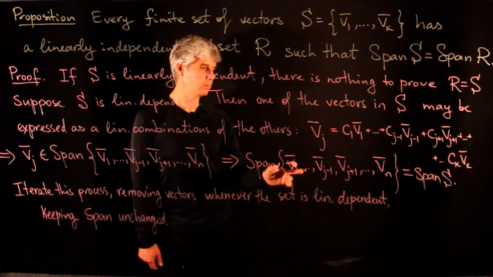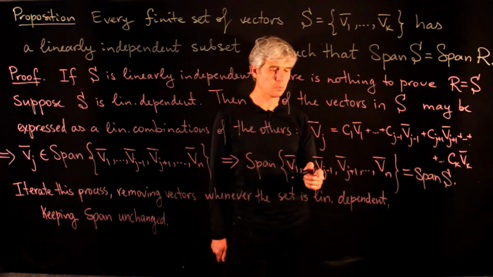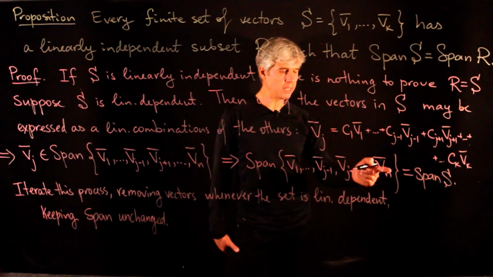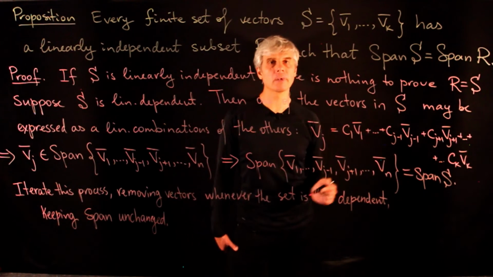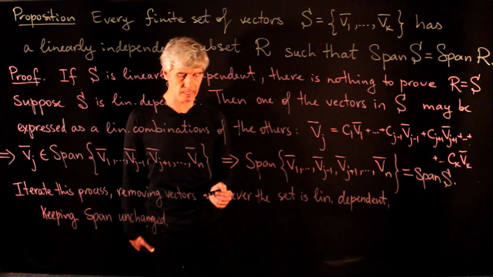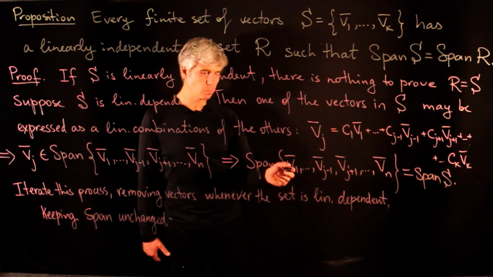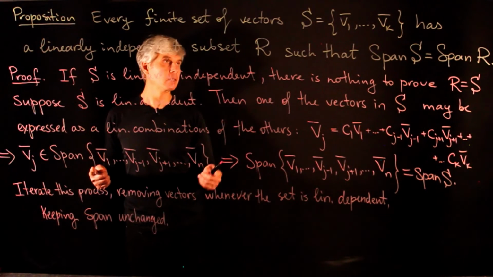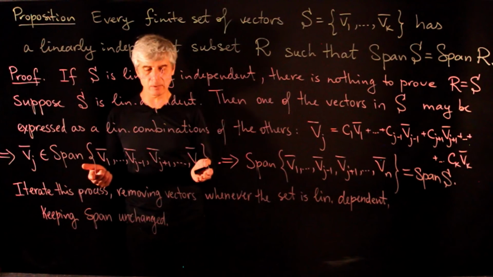Right, so here, what we did is we have thrown out one vector, but the span of the smaller set is the same as the span of the previous set. And so now, if this set of vectors is linearly independent, then we say that R is this set of vectors.